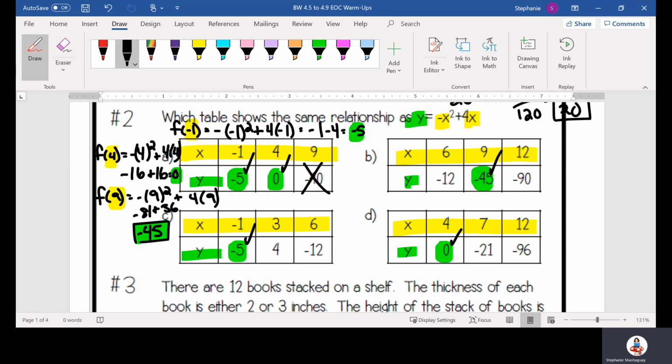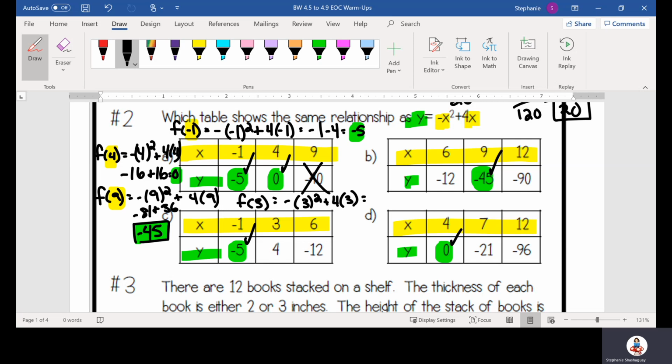Okay, so we've done negative 1, we've done 4, and we've done 9. Now let's see what happens when we have our input of 3. f of 3 is going to equal a negative 3 squared plus 4 times 3. Well, 3 squared is 9.